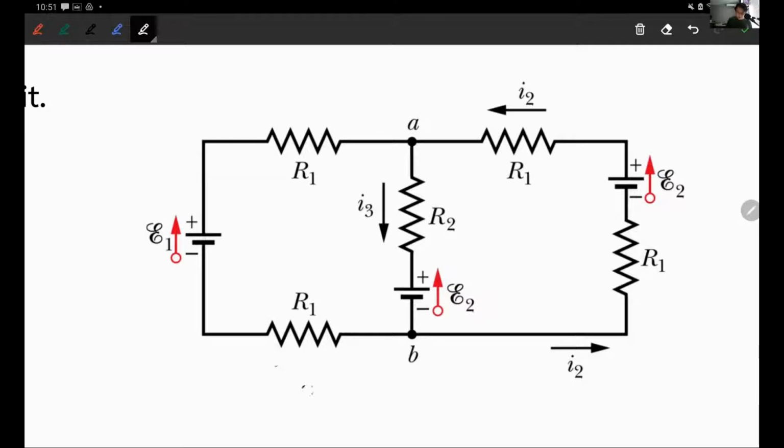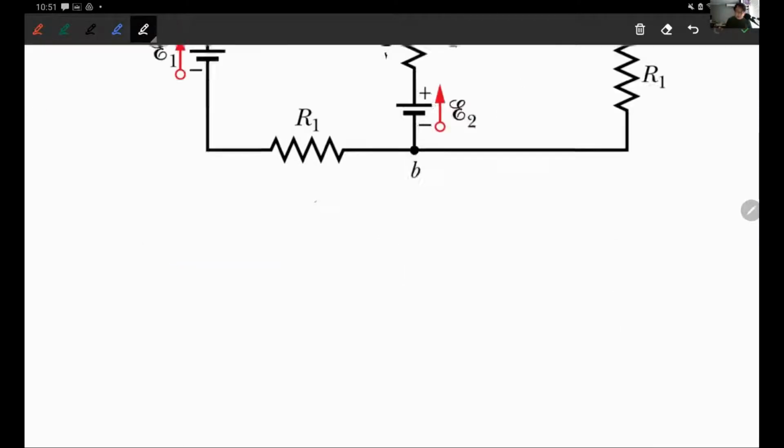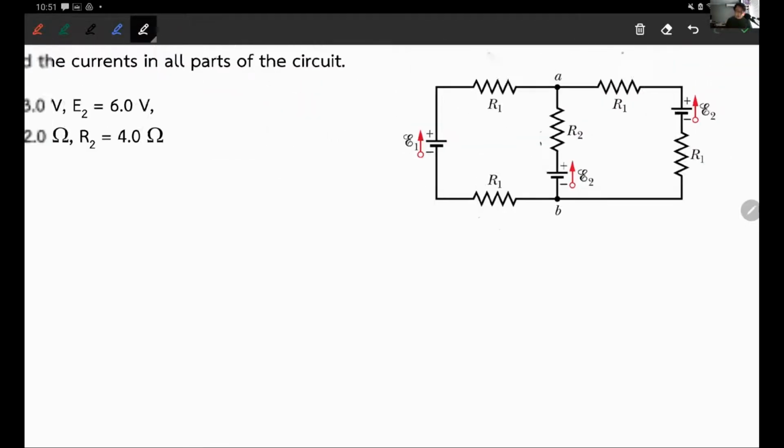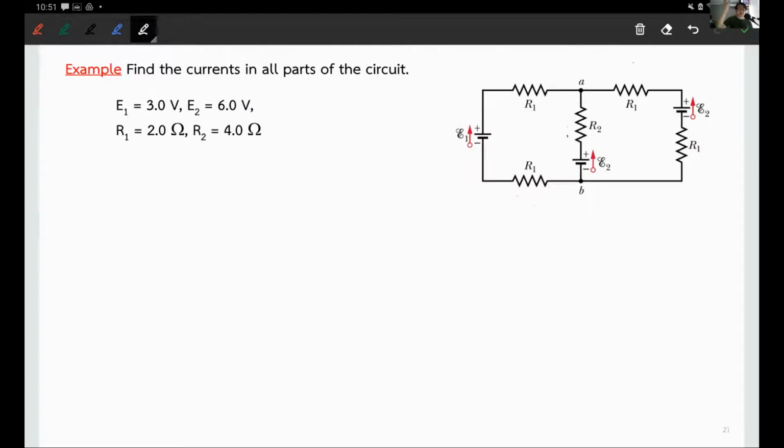I don't even know what the direction of the current is on each part of this circuit. The general problem goes like this: you have a circuit, and you're asked to give the current flowing through each portion of it.